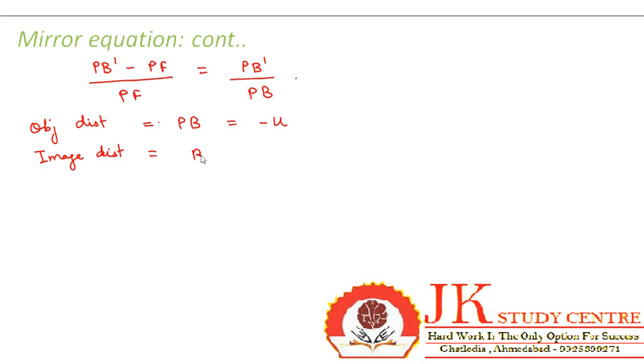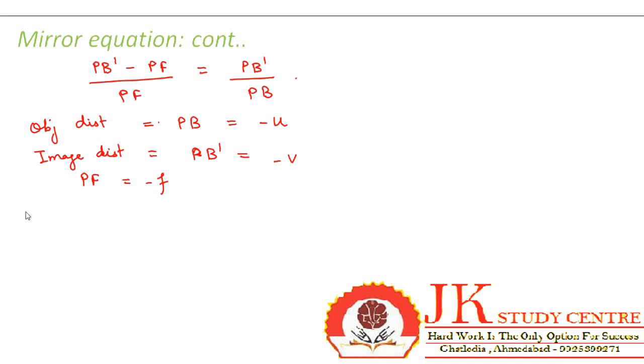The image distance, as I mentioned, is PB', which is denoted by v with a negative sign, because as per the sign convention rules, both u and v are on the left hand side of the pole, right? And what is PF? PF is nothing but the focal length, which is f. That is also negative because it also falls on the left hand side of the pole.